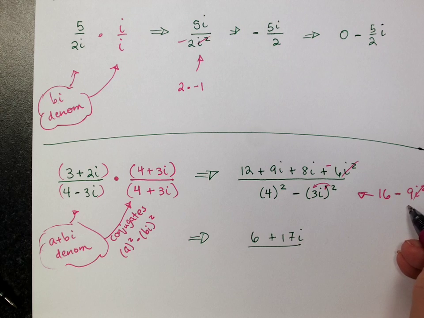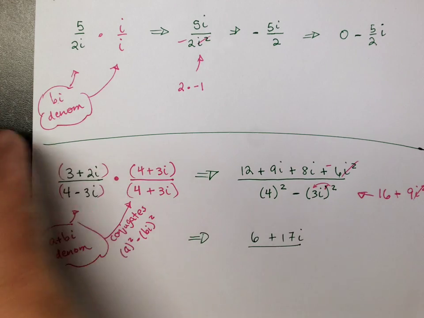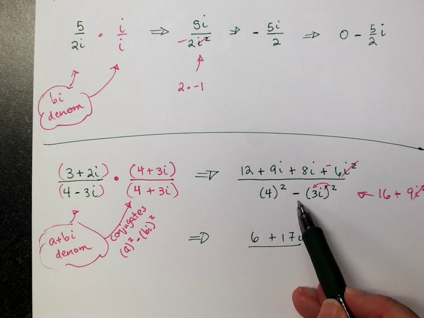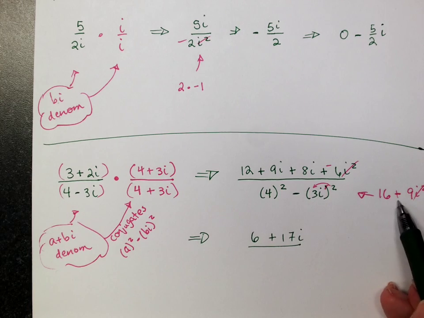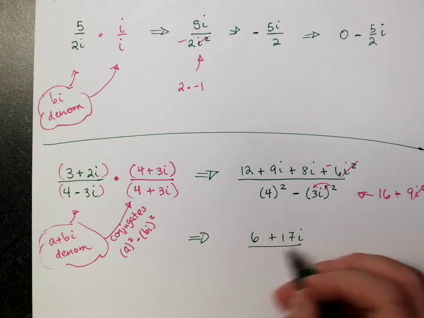Minus 9, not 8. Yeah, because this means this is negative 1, so that minus 9 becomes plus. Okay. So this is 16 minus 9i squared, which is 16 plus 9, which is 25.